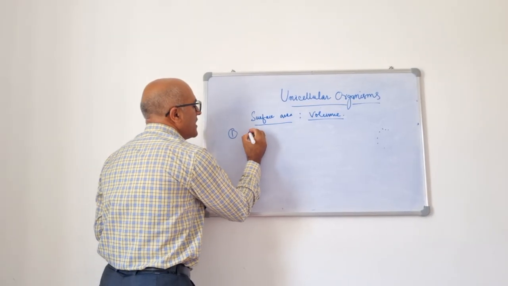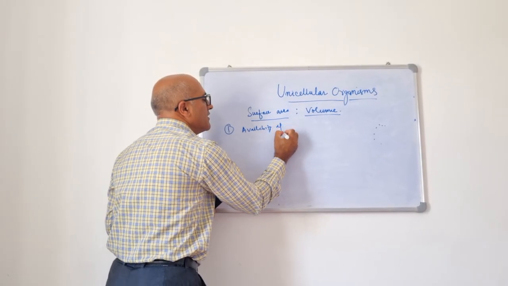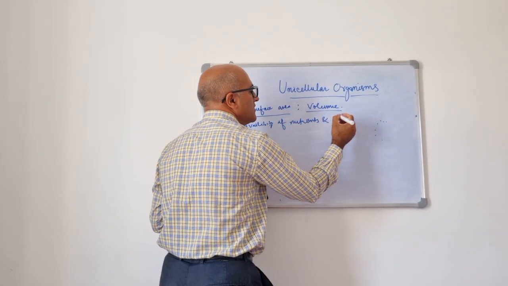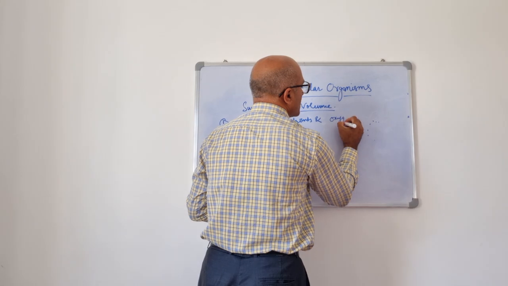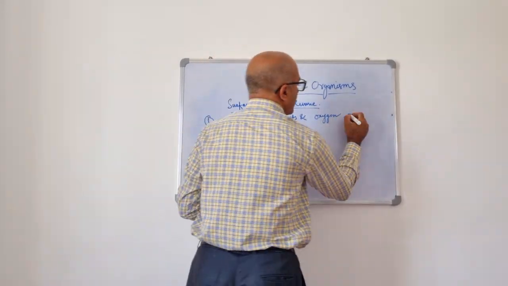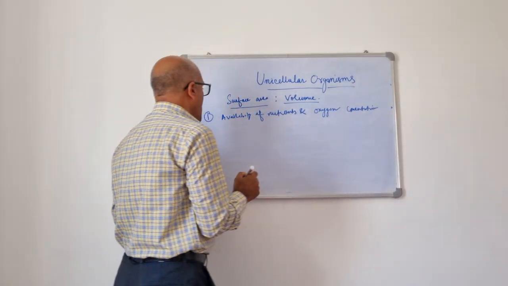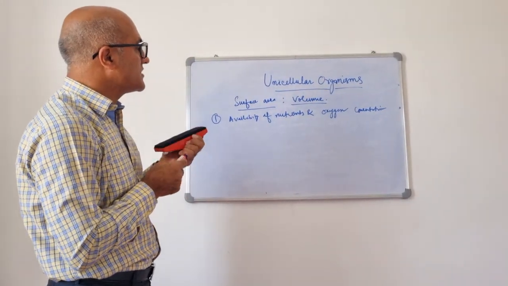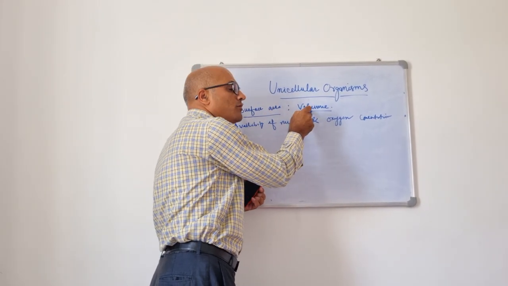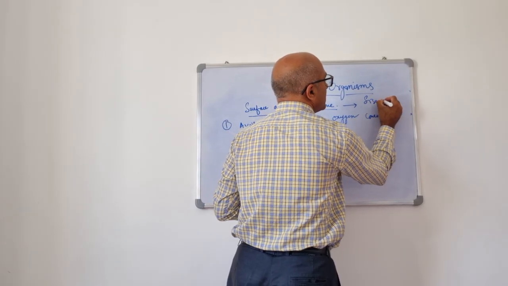Number one, availability of nutrients and oxygen concentration. This availability of nutrients and oxygen concentration affects the surface area or volume of a cell, and in turn affects the size of the cell.